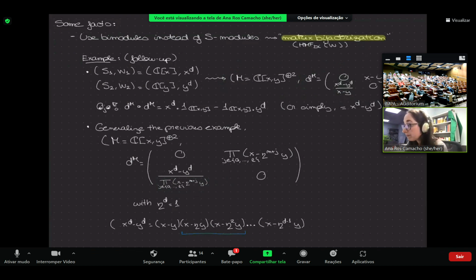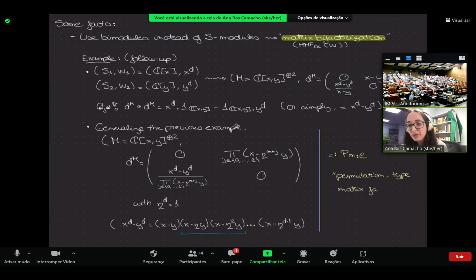Because these guys actually appear in string theory, I'm going to give them a name, because they're going to be absolutely important for our purposes. I'm going to give them some notation P_ML to mark these two parameters in here, and I'm going to refer to them as permutation type matrix factorization.